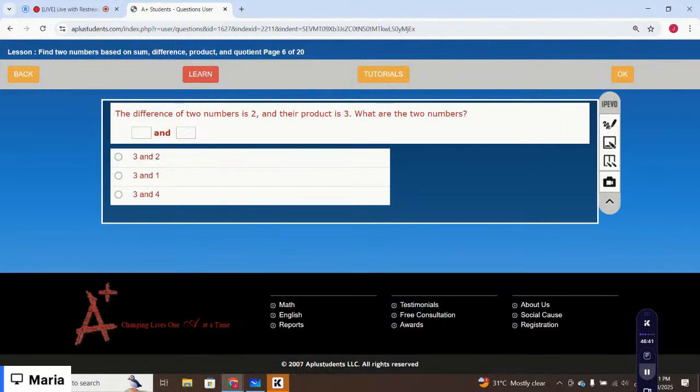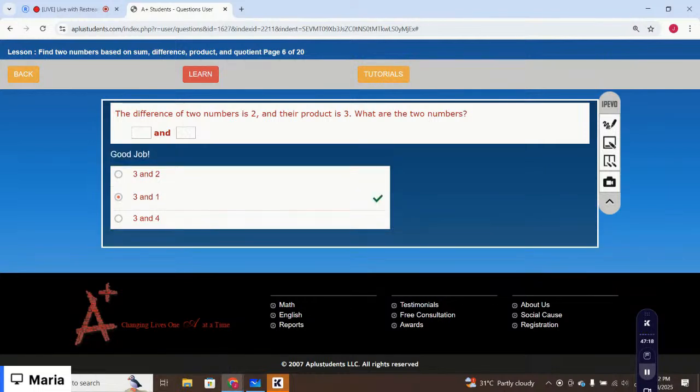Which two numbers have the difference 2 and product 3? Option number 2 is the correct option. They have the difference 2 and product 3. Option 2, 3 and 1. Very good.